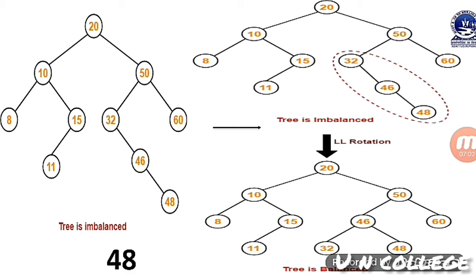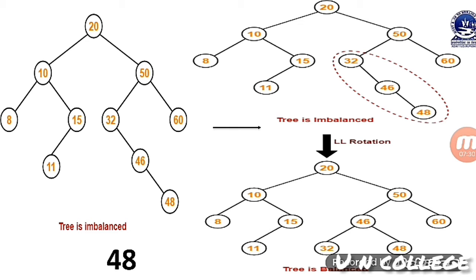I hope you have got a clear concept on creating and inserting data into the AVL tree. It is very simple. We follow the BST property at the time of insertion, but after insertion we have to check the balancing factor, and if any node is violating the balancing factor, that is 0, 1 or -1, then we have to apply the proper rotation.